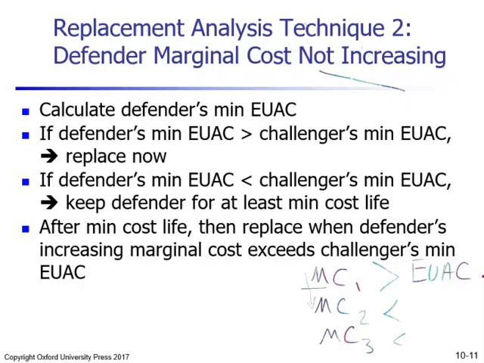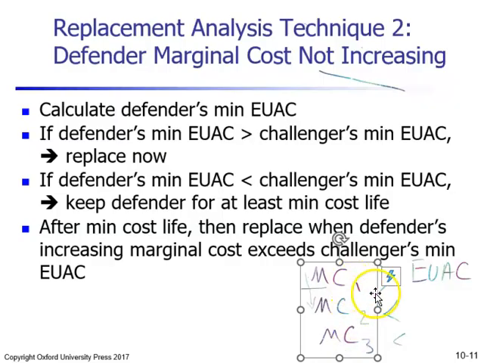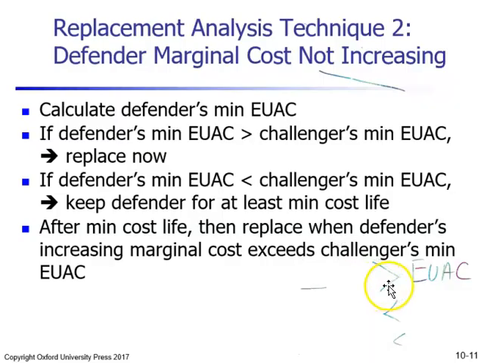So that's the nuance here, that's the delicate difference here. And again, as I told you, first I prefer to give you the core principles, the foundation, then we go for the details. And now you are getting those details. So what you are going to do when they are decreasing, you are going to compare the minimum EUAC of the defender with the minimum EUAC of the challenger. So it's a very fair comparison, and again, common sense.